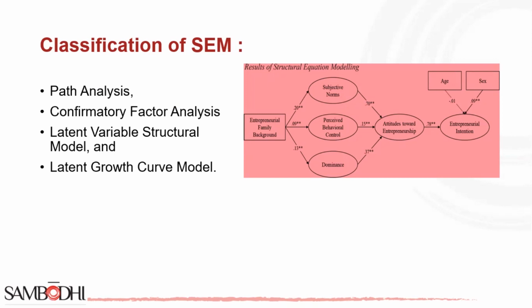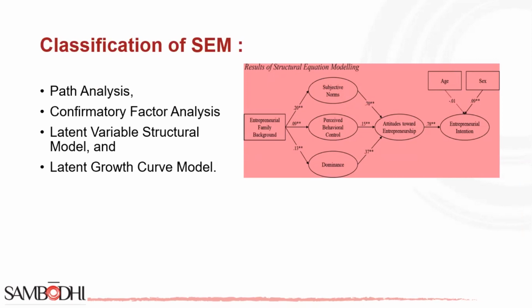Confirmatory factor analysis, also known as CFA, is a way ahead of data reduction. CFA is also known within SEM as the measurement model because it's the step taken to determine how the factors are measured by the indicators.